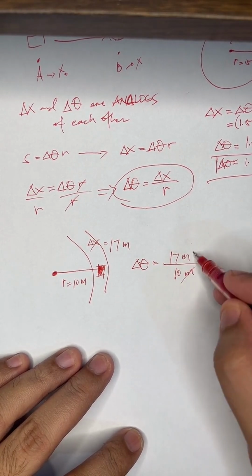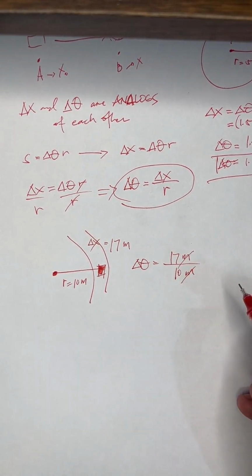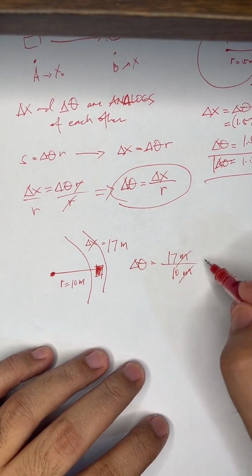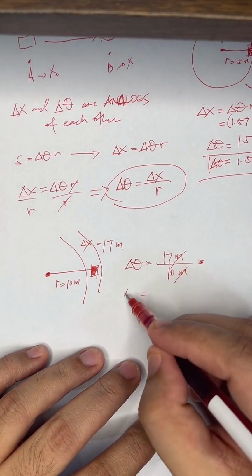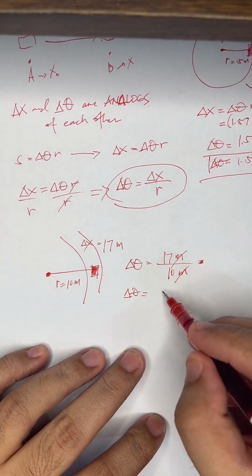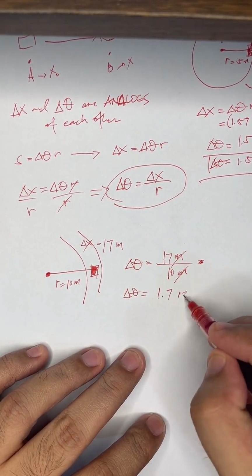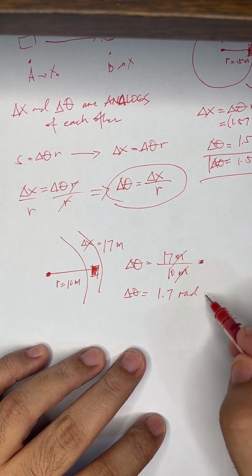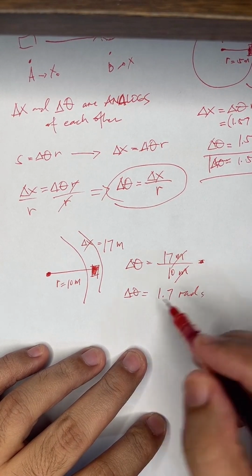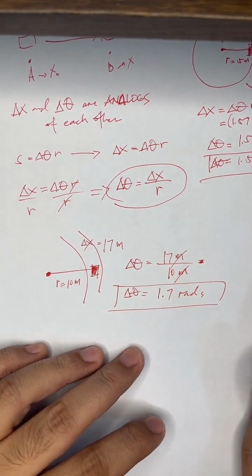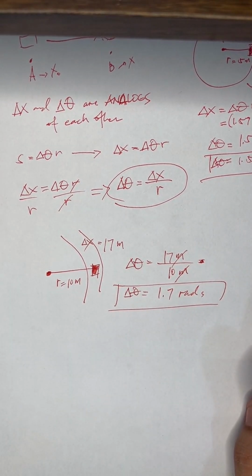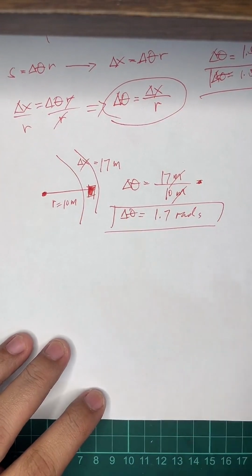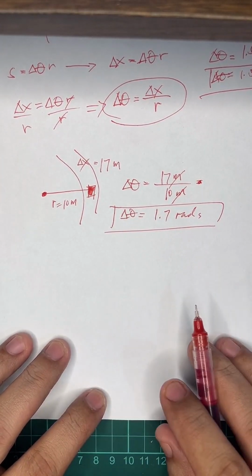Meters will cancel, and then it would be radians. Therefore, delta theta is equal to 1.7 radians. Rather simple.